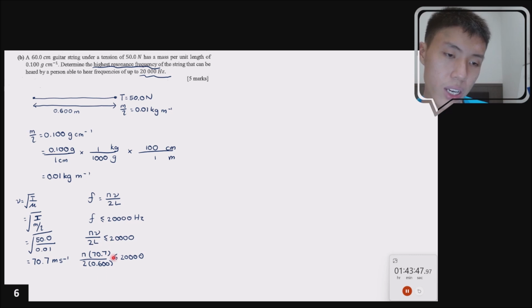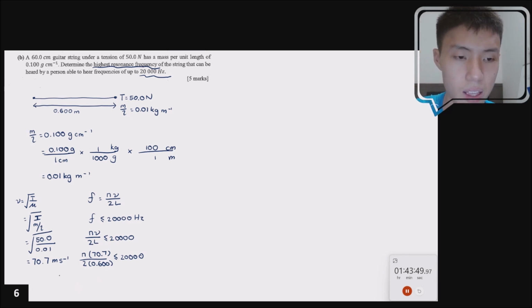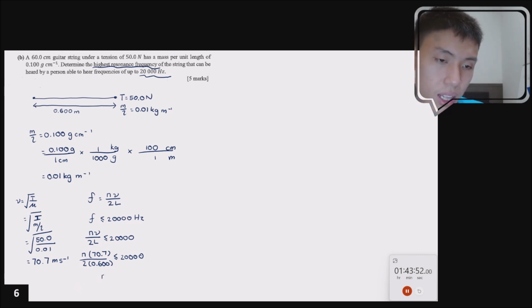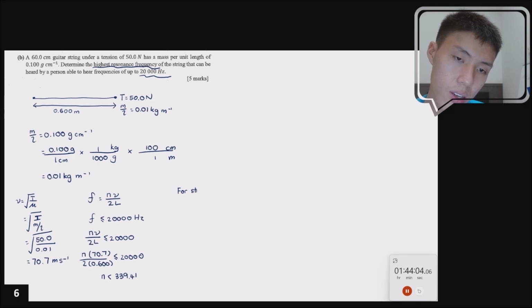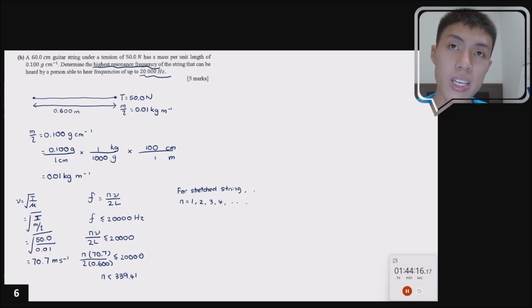So you get n less than 339.41, and because you know that n for a stretched string is 1, 2, 3, 4 and so on, it must be an integer.